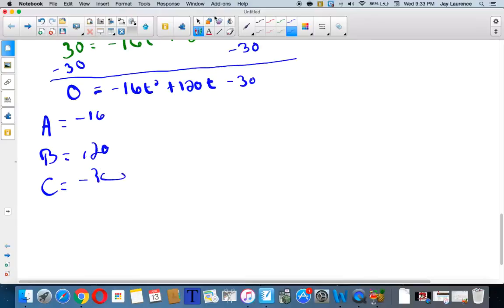Whoa, what the heck is that number? It's supposed to be a negative 30. Let me rewrite that. All right.